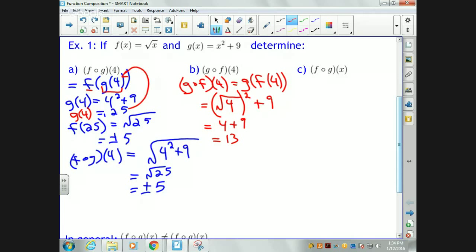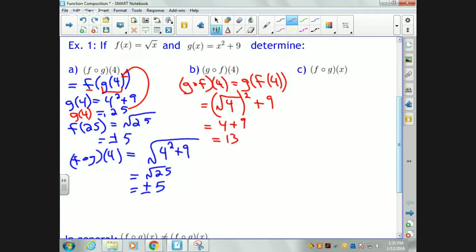Part C asks us to find an actual expression or a function, and if we can find a function because it's going to operate on x, then we can sub in hundreds of values if we want without having to go through all of the operations. So that's kind of the point of part C: let's actually write one function now that represents F composed with G. So to do that, we're going to substitute an x into g.